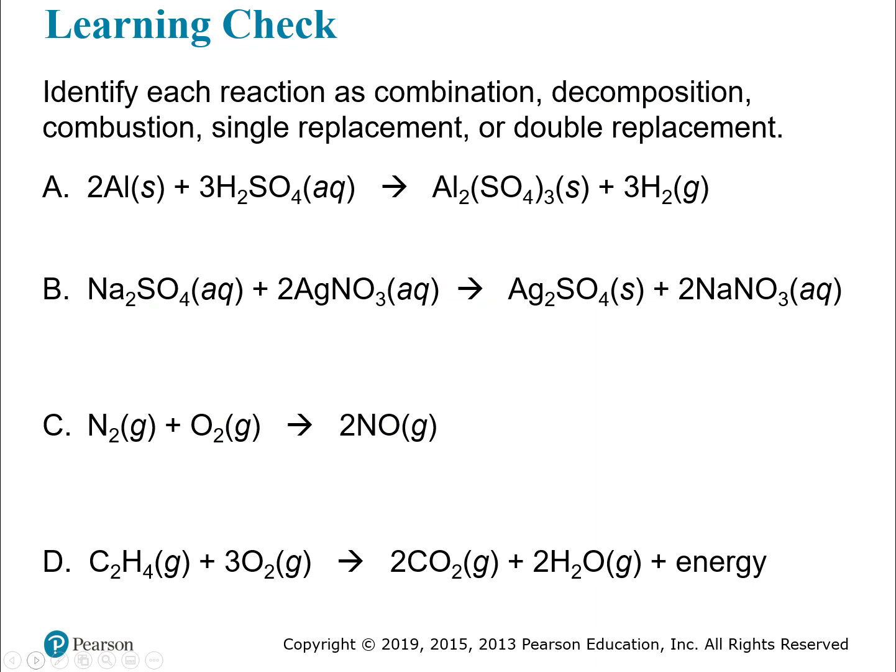So I'll go through and label these and show you the kind of logic you'll need when you're answering a question like this. So we've got 4 reactions and we have to identify them as one of the 5 reaction types that I detailed on the last slide.